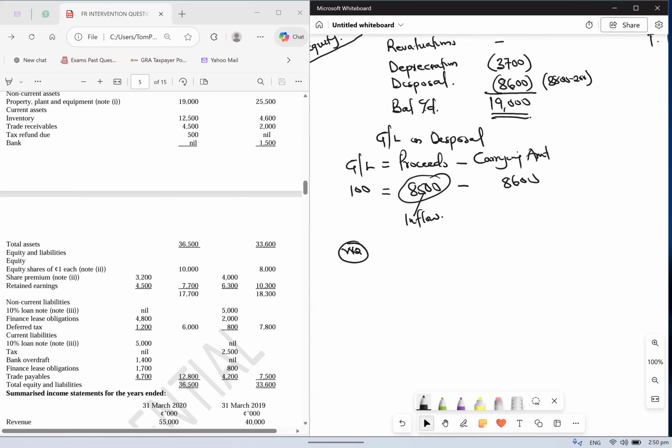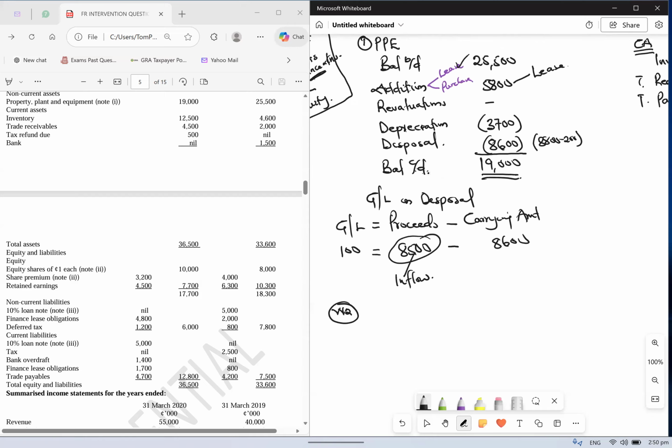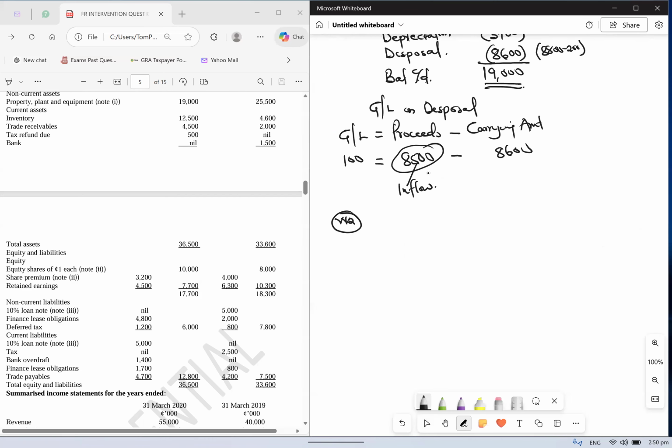So because our addition was via a lease, we need to do lease. So lease liability brought down. Now, what will cause our lease to increase? Our lease will only increase if we do another lease. That is it.